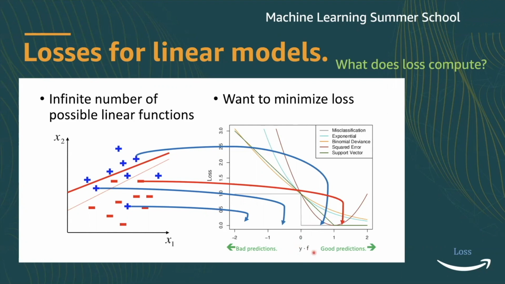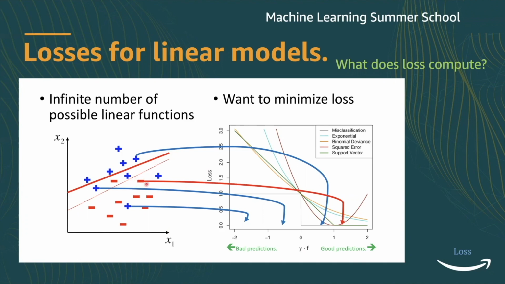The score here, f, since it's a classification problem, is the sign of W transpose X. Okay, it's the sign of the score or the sign of the model prediction f of X, and Y is the true value. Now, let's say this solid red line is the decision boundary.